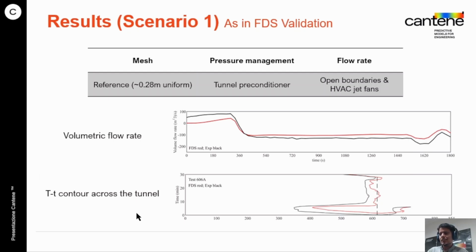This other graph is the temperature contour across the tunnel, made with the temperatures placed in the ceiling of the tunnel. Here we can see that the temperatures of the simulation remain shorter than the ones of the experimental measures.